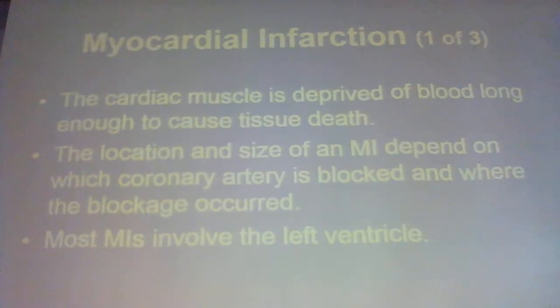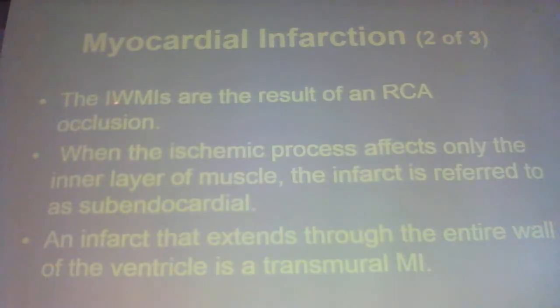All right, MI. Once the muscle's deprived of enough blood and oxygen, it starts to die. Location of the MI depends on which coronary artery is blocked and where the blockage occurs. Most MIs involve the left ventricle. Inferior wall MIs are a result of RCA. We know that. When the ischemic process affects only the inner layer of the muscle, this is called a subendocardial infarct.